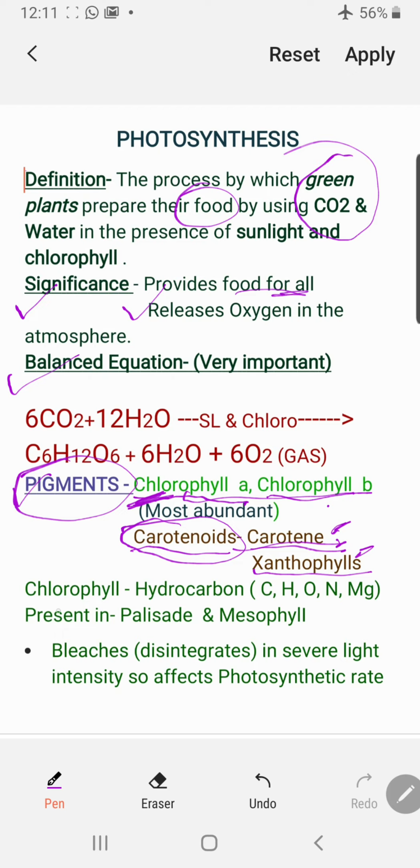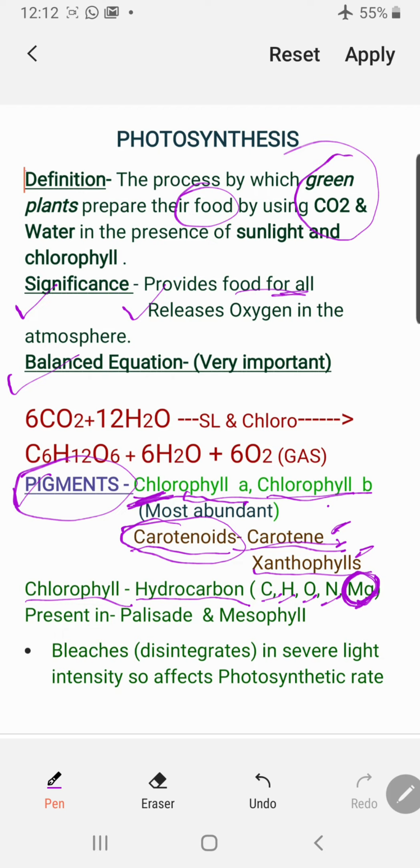Right? Chemically, chlorophyll is a molecule and its nature is a hydrocarbon. So what are the elements present in the molecule of chlorophyll? You will say it's carbon, hydrogen, oxygen. That's simple. And then you say nitrogen and ultimately magnesium. I am encircling magnesium here. Why?